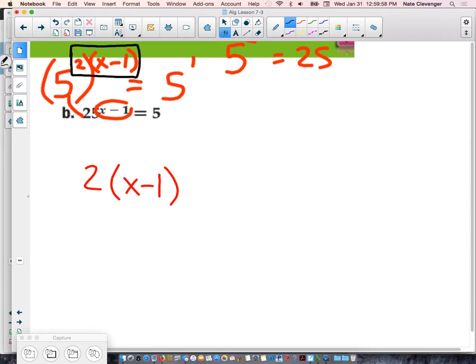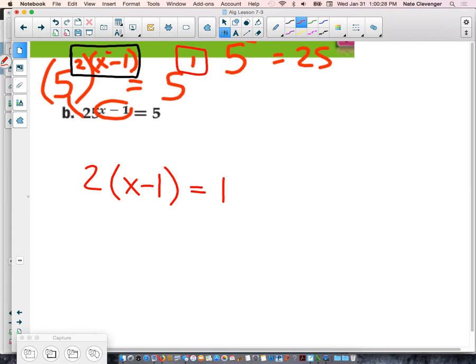And the bases are the same, so this equals, what's the exponent over here? 1. But that's not it. I'm not done. I've got to solve for x. But that's how I get to it: I have to get the situation where the base is the same, so that I can take the exponents and solve for my variable.